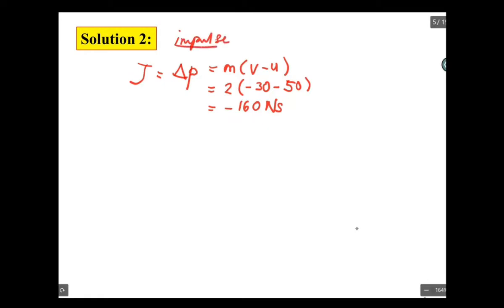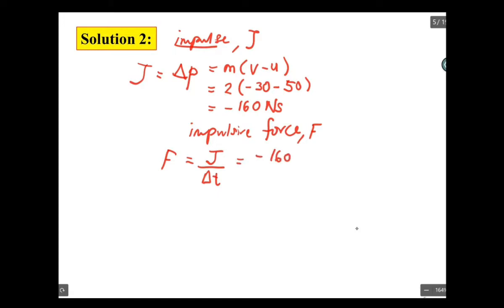Another one, soalan tanya impulsive force. Impulsive force, F. Okay, F is equal to impulse over T. Okay, so impulse negative 160 Newton second over time given is 0.2 second.